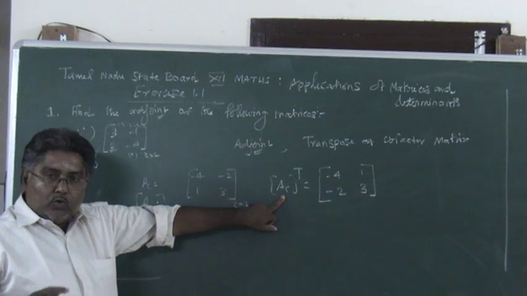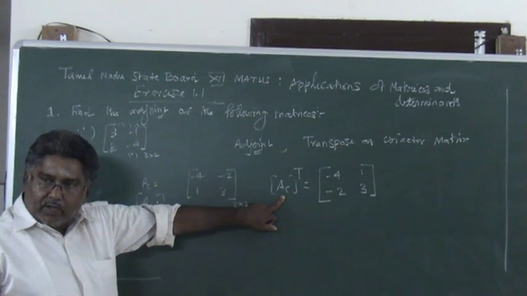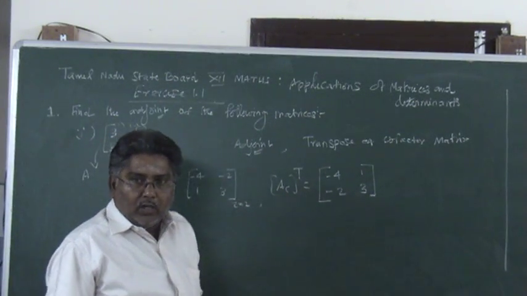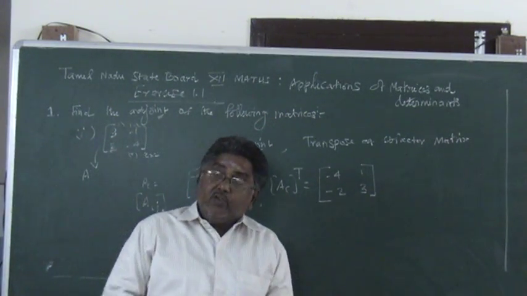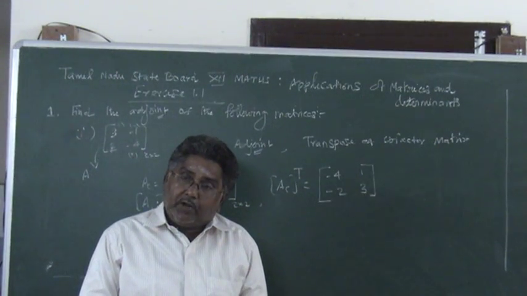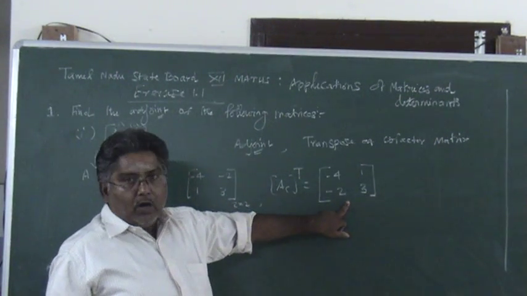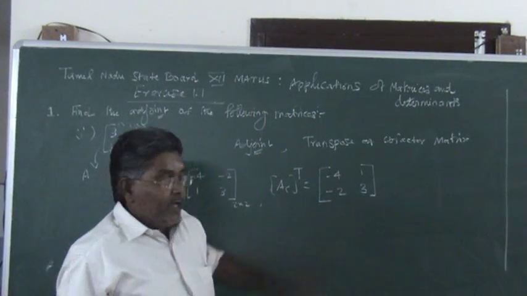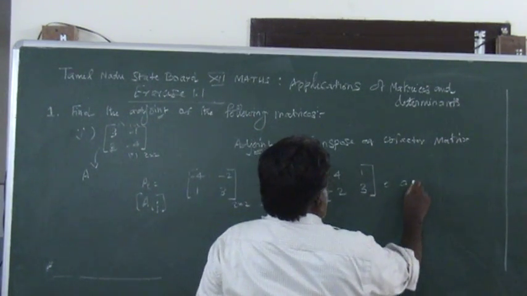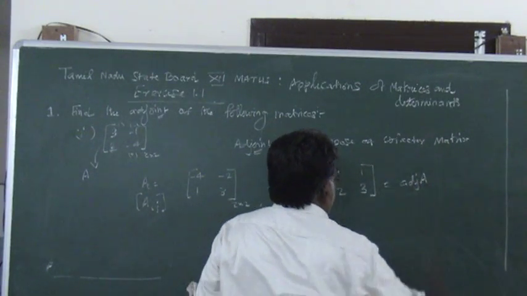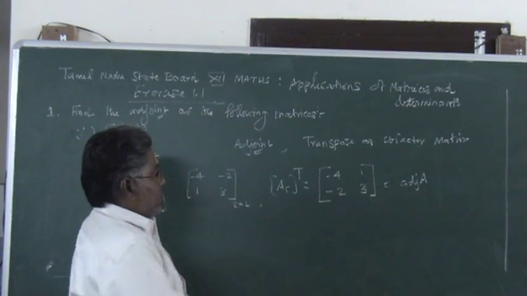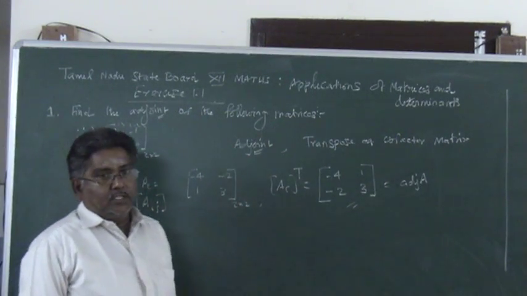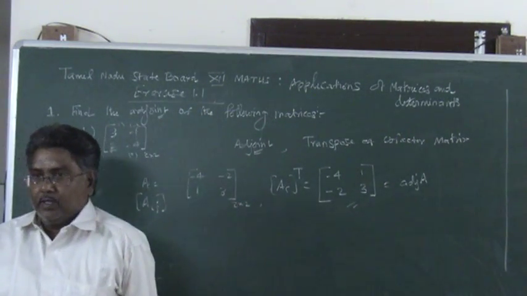First, we found the cofactors of all the elements of the given matrix. Using the cofactors, we got the cofactor matrix. We found the transpose of the cofactor matrix. And now we are at this stage. This transpose of the cofactor matrix only is known as adjoint A. So what is adjoint A? Minus 4, 1, minus 2, 3. This is adjoint of matrix A.